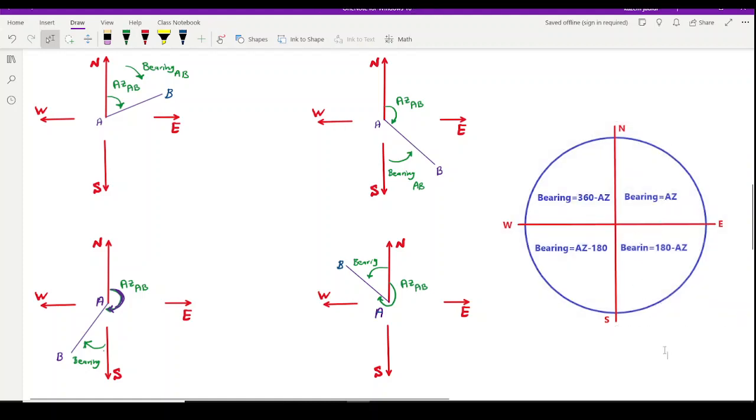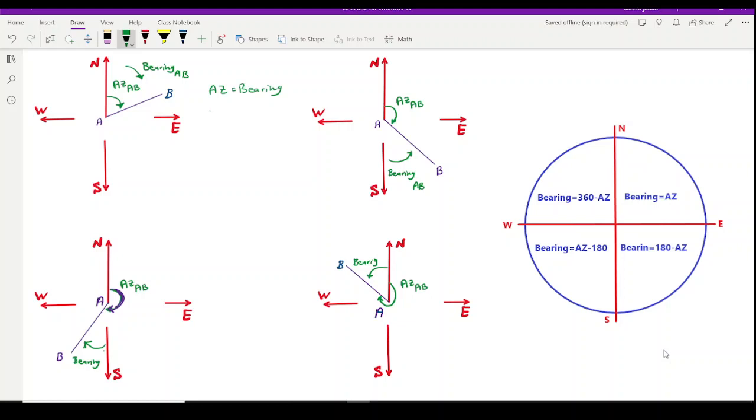Now, I pretty much explained the first quadrant, or northeast quadrant. For the northeast quadrant, azimuth and bearing are equal, like it's shown in the top left drawing. Azimuth and bearing are equal, but we have to show them properly.